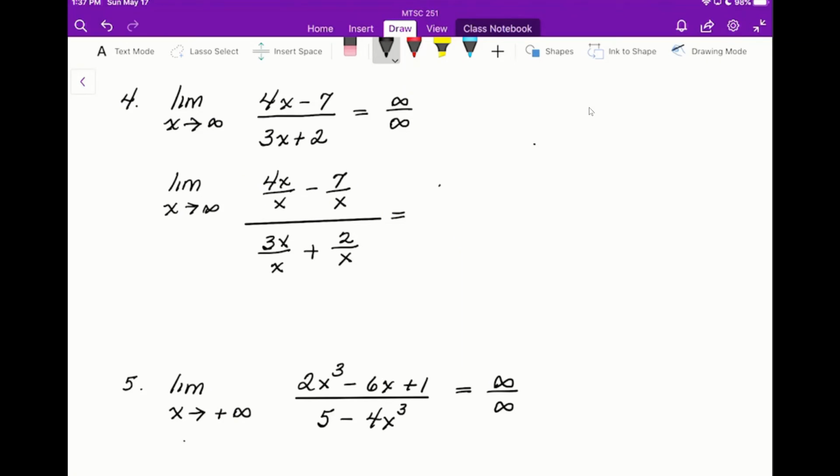So that is the limit as x approaches infinity of 4 minus 7 over x, all over 3 plus 2 over x. Now this term 7 over x, we know that limit is going to 0, and 2 over x is also going to 0. So therefore this limit is 4/3.